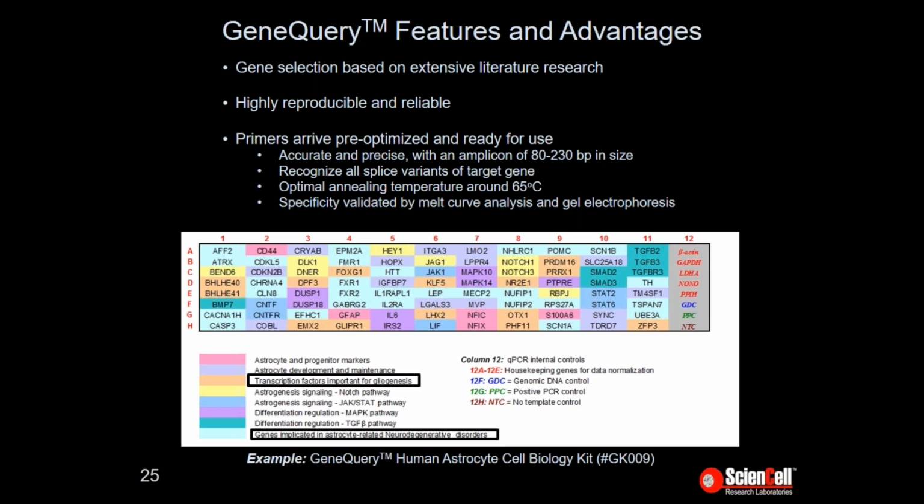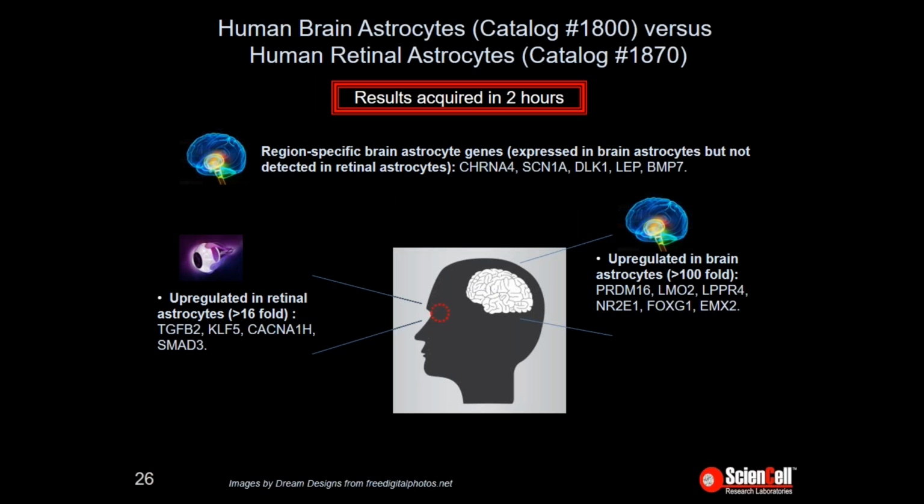In the next slide, I will illustrate how this particular kit can be used to detect differences between 2 types of primary human astrocytes that only differ in their origin, brain or retina. So here we compared human brain astrocytes to human retinal astrocytes, and in just the 2 hours it takes to run a PCR, we were able to identify 5 different genes expressed in brain astrocytes, but not detected in retinal astrocytes.